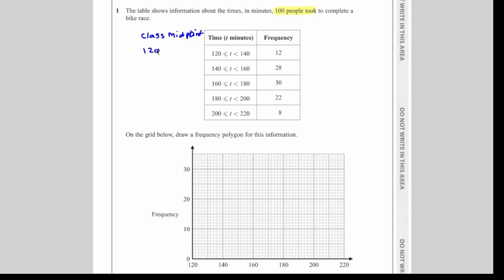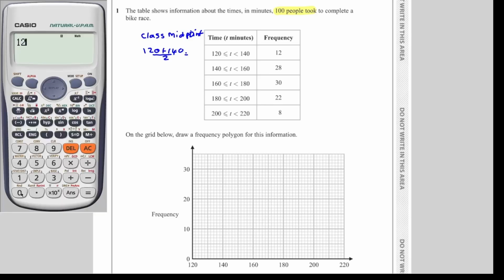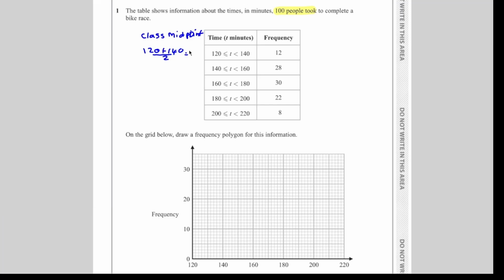120 plus 140 divided by 2 in this case. So let's get the calculator: 120 plus 140 equals 260, divided by 2. It is 130. So in the first case, it is 130.